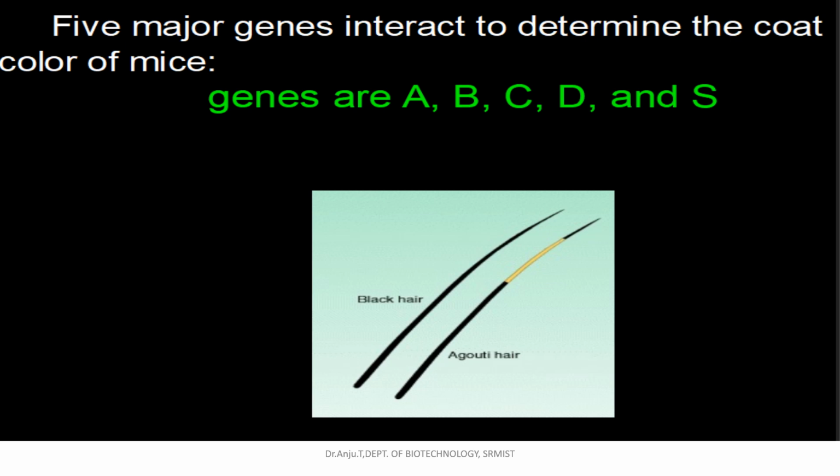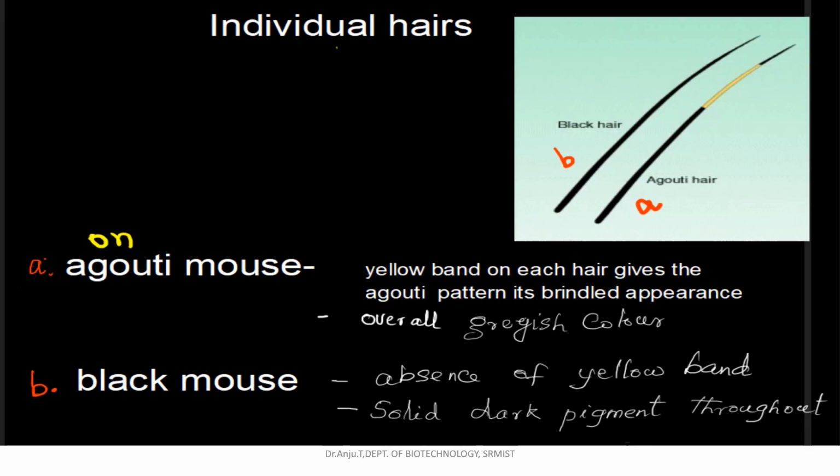Agouti pigmentation is the wild type which is found in most of the animal coat hair color, and black is the recessive type. When we see the individual hairs on the mouse coat, we see these two types of hairs, that is agouti hair and the black hair.